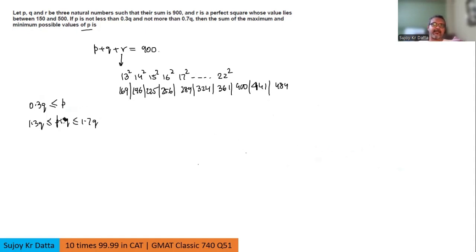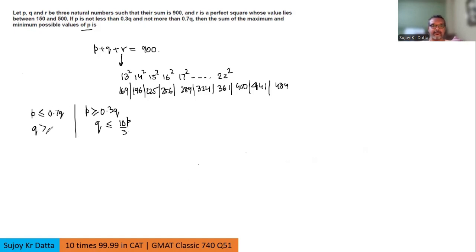So let us just straight away get it in terms of P. So how do we do that? As we saw here, P is not less than 0.3Q. So P is greater than or equal to 0.3Q. We write it as Q is less than or equal to 10P by 3. The other extreme is P is less than or equal to 0.7Q.